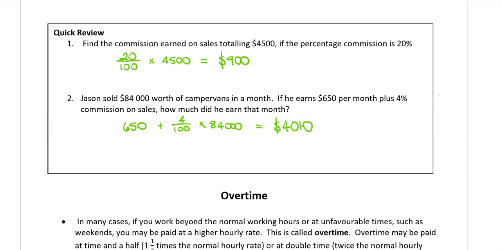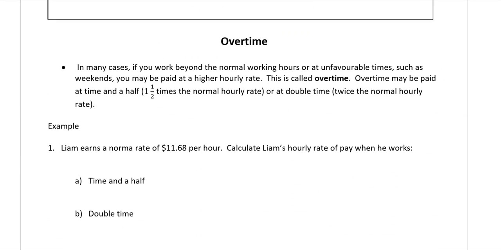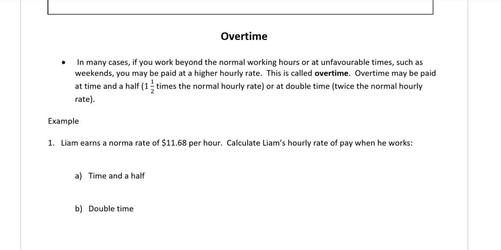Oh, so you did 84,000. Okay, so that's what we did last lesson. Today we are talking about overtime. So if you get a wage where you're paid per hour, sometimes for special situations, you might get overtime.